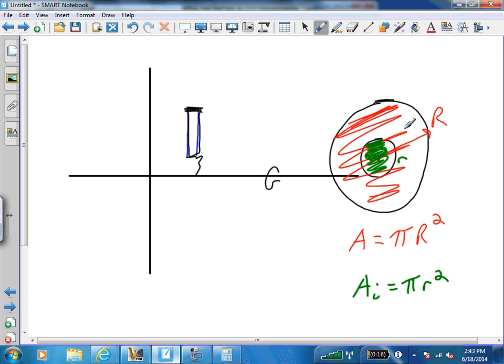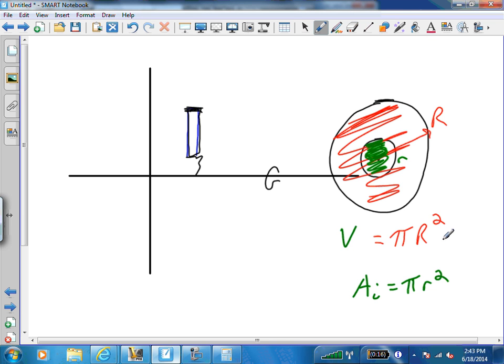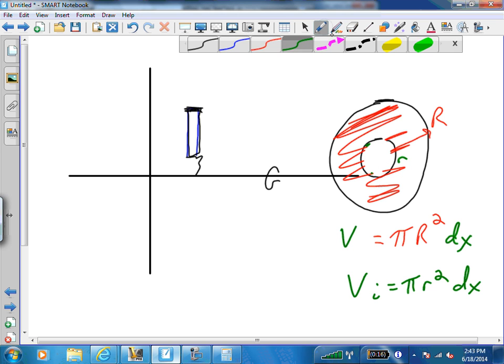If we think about that as a volume, with a thickness dx, the volume of that outer region is pi r squared dx. The volume of that inner region is pi little r squared dx. So the actual volume that we want comes from taking the difference.